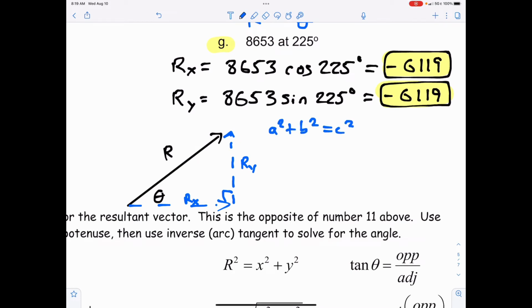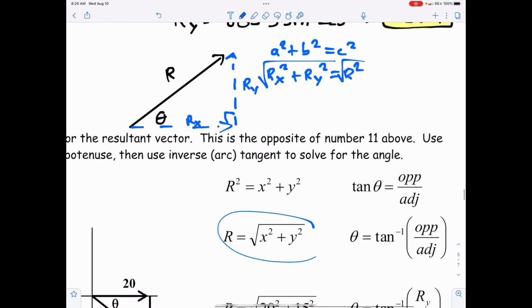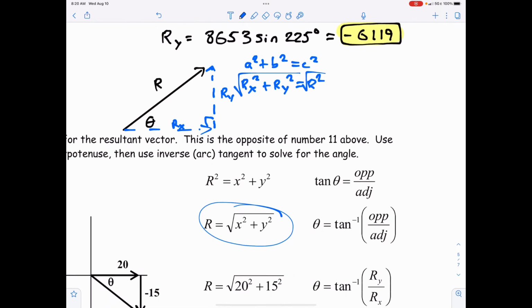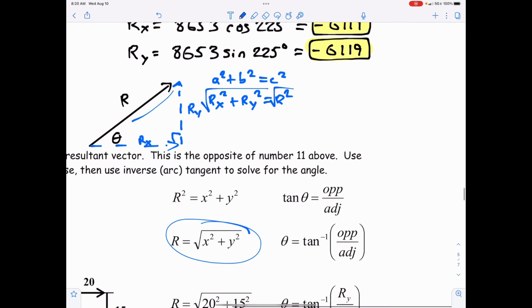But if you look carefully, a squared is nothing more than Rx squared, b squared is nothing more than Ry squared, and c squared is just r squared. So if you square root both sides, you can see that's what we get right here. We're going to be using the Pythagorean theorem to figure out the magnitude of the resultant vector, otherwise known as the length of the hypotenuse.